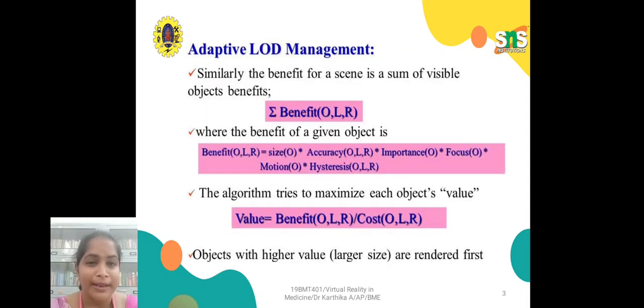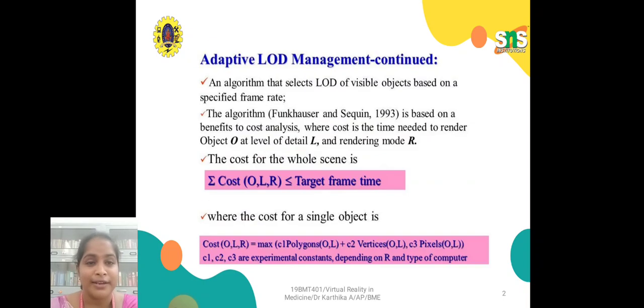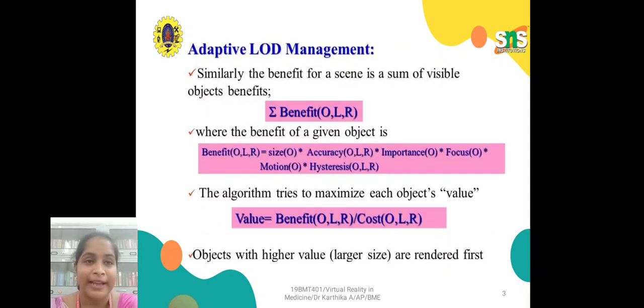Similarly, the benefit for a scene is the sum of the visible objects' benefit, the sum of benefits of (O,L,R). For a single object, it is cost(O,L,R), and for the whole scene, the summation of cost(O,L,R) must be less than or equal to the target frame rate.